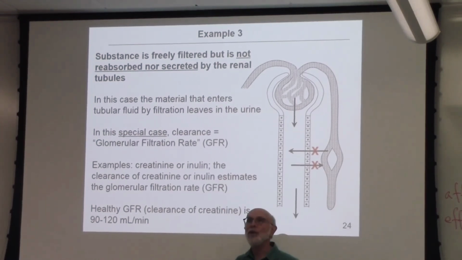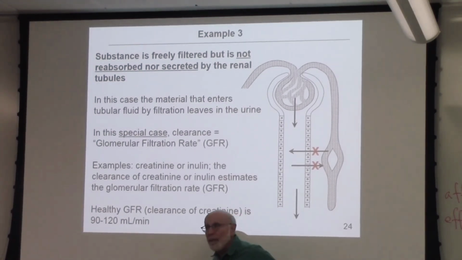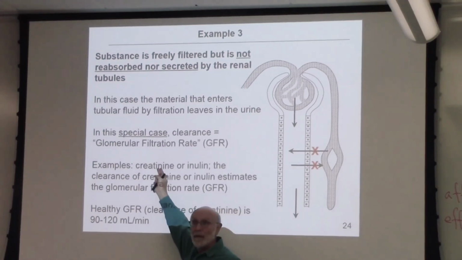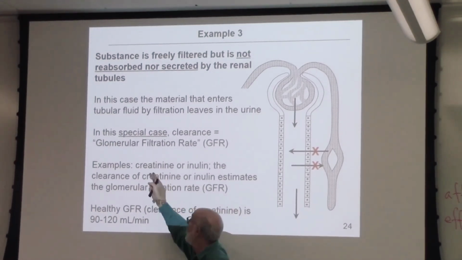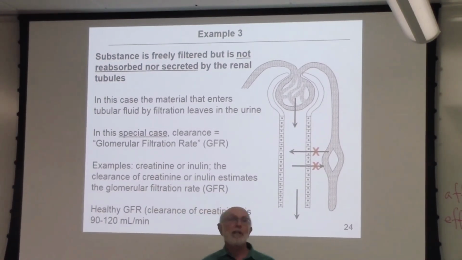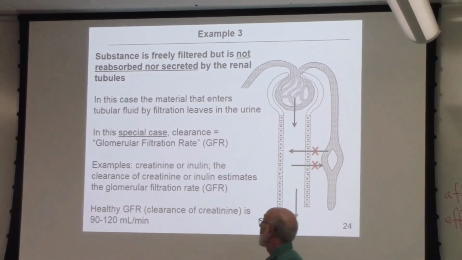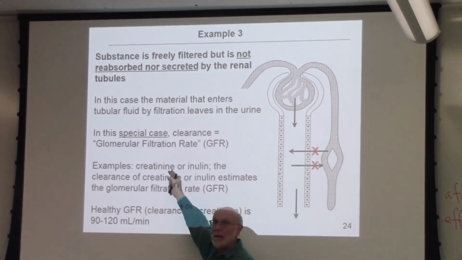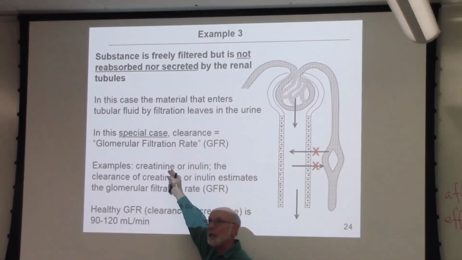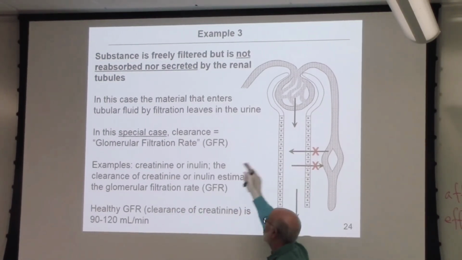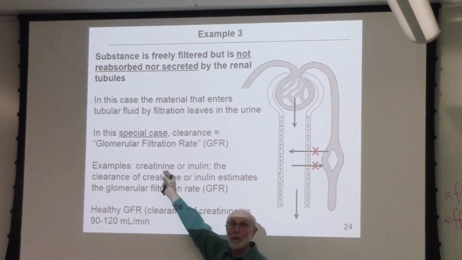So, for example, you have in your body right now a substance in your blood called creatinine. Creatinine is a breakdown product of muscle metabolism. It is in your blood at a certain concentration, and it is small enough to be filtered, but it is not reabsorbed. So we clear it.